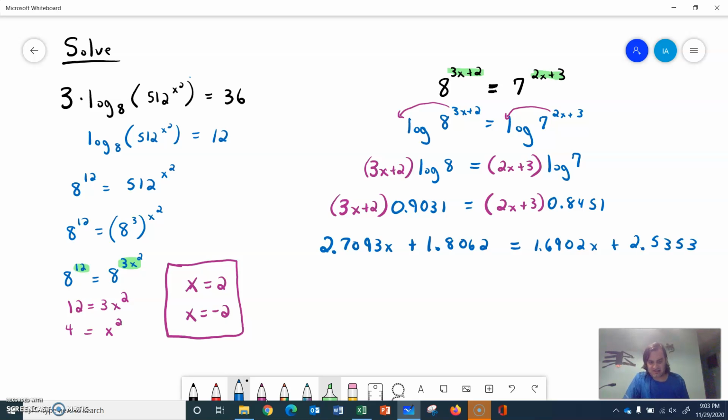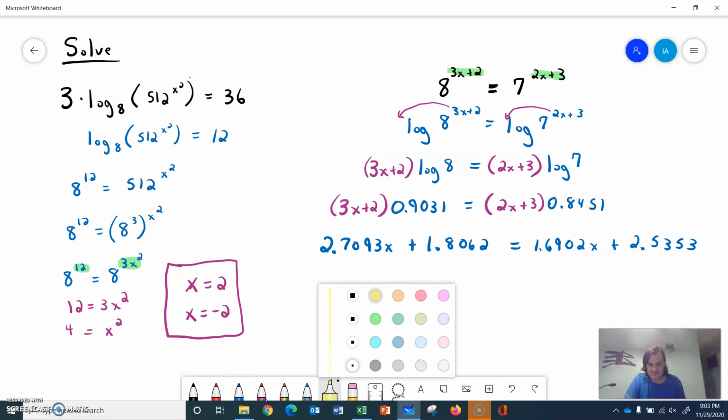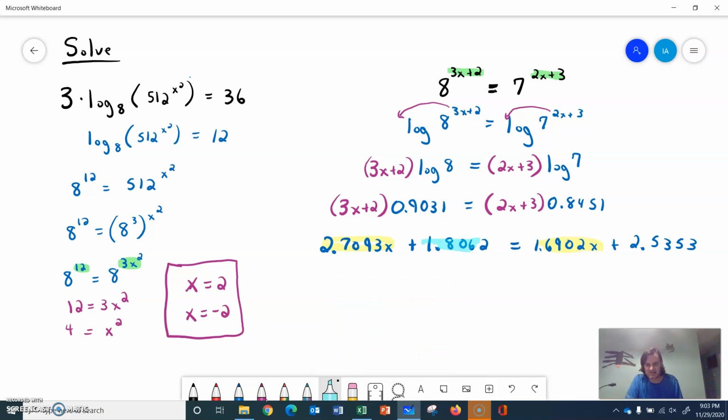So then I've got two x terms to get on the same side. So now we're solving what we did from day one. We've got two x terms to get on the same side, and two non-x terms to get on the other side, and then we'll divide out.